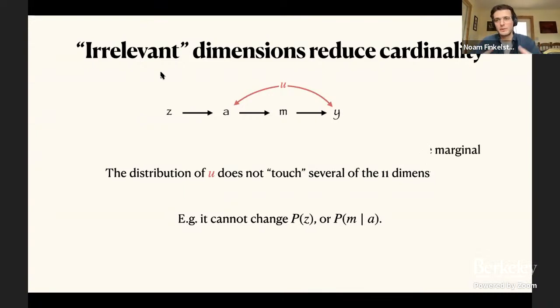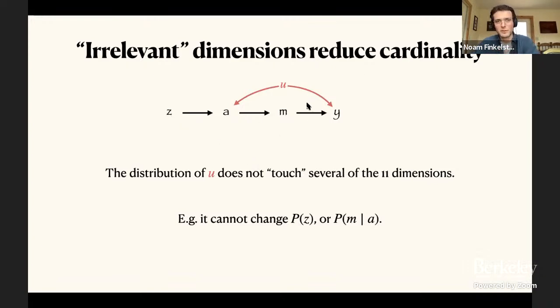So even once we reduce the dimensionality of the model through these simpler ideas, we can notice that some of the dimensions that remain might not be relevant. The distribution of U isn't going to touch several of the dimensions, and I'll explain what I mean by that in a minute.